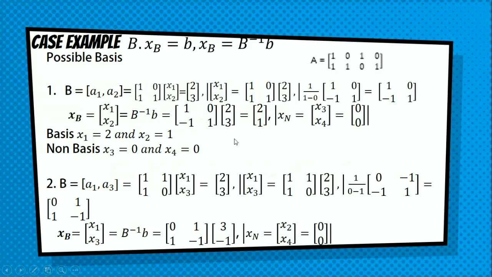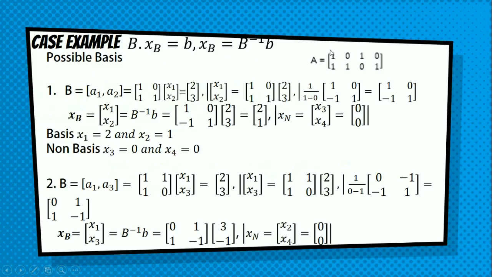So we have to try this canonical form. This matrix will be processed with this formula. Let's see the first trial. This is B, which means the matrix itself. We have matrix A, and we can transform it into matrix B. So B equals A1 and A2.